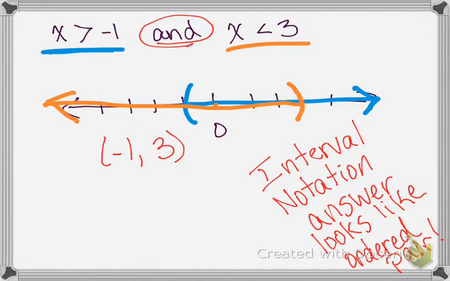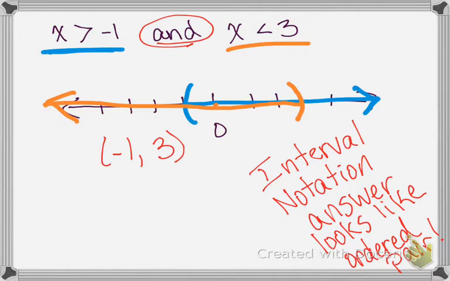Can I move off the screen? Yes, sir. If x is greater than or equal to -1, and x is less than 3, would we still use parentheses or would we use brackets? That's an excellent question.